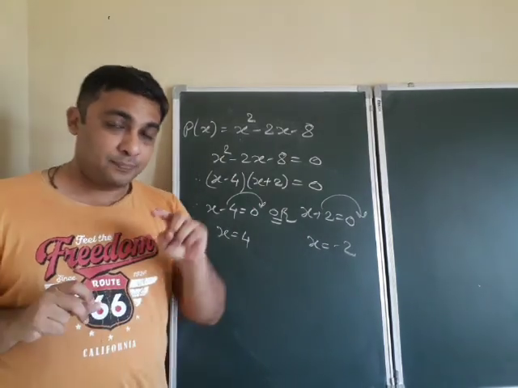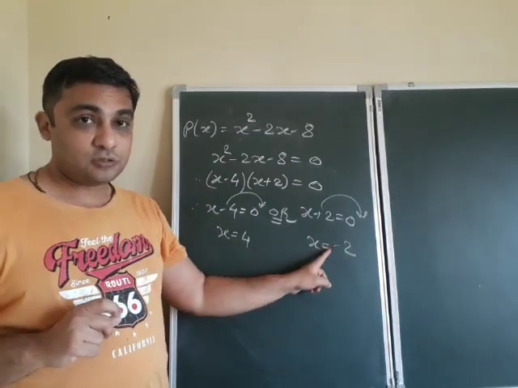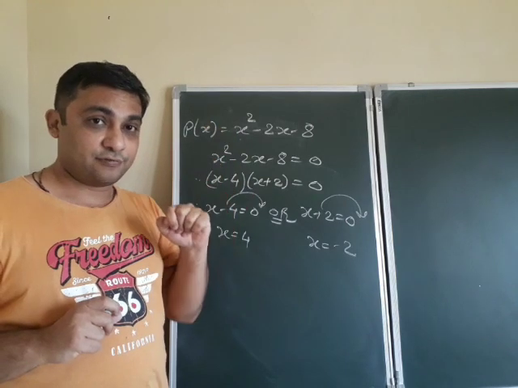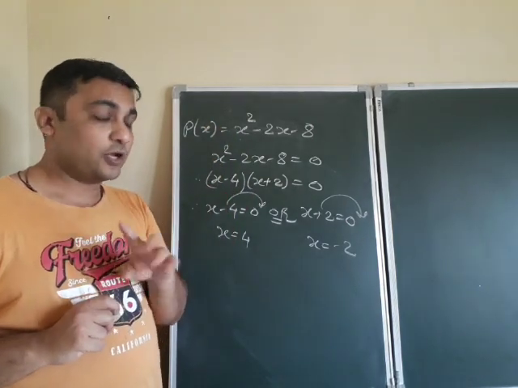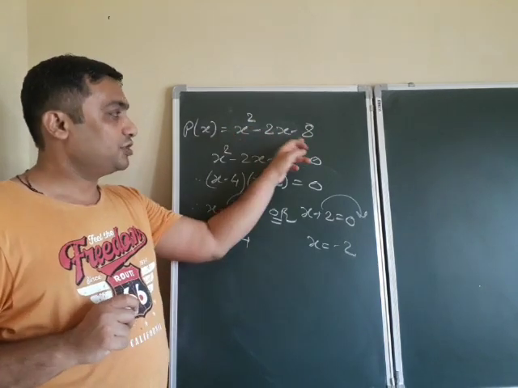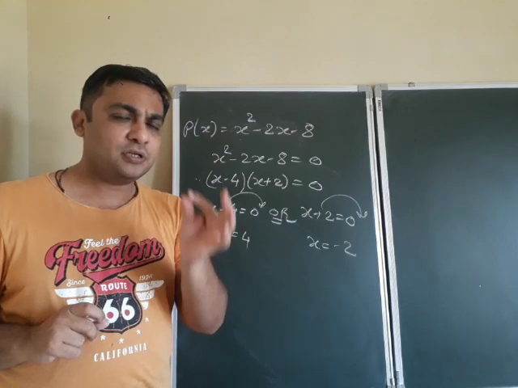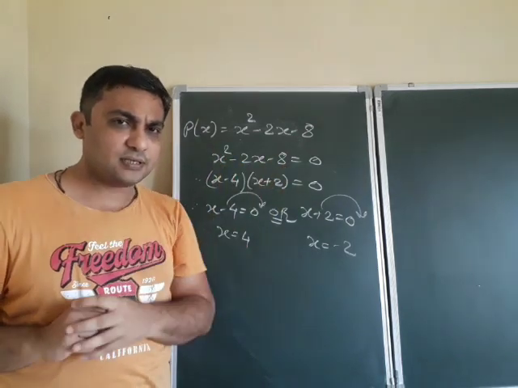Why? In the previous lecture we studied the relationships between the zeros, or roots, of quadratic equations and the coefficients of a quadratic equation. These are the coefficients. What is the standard form of the quadratic equation? It is ax square plus bx plus c is equal to 0.